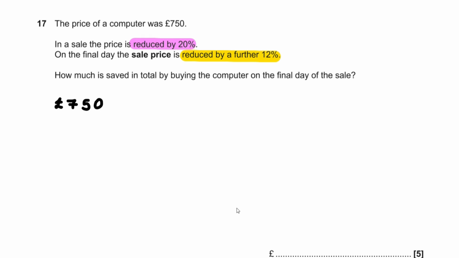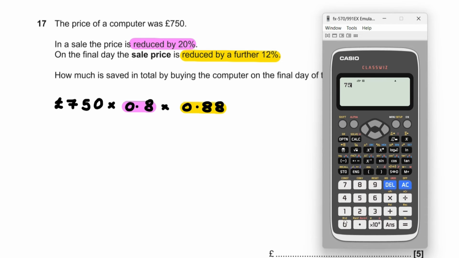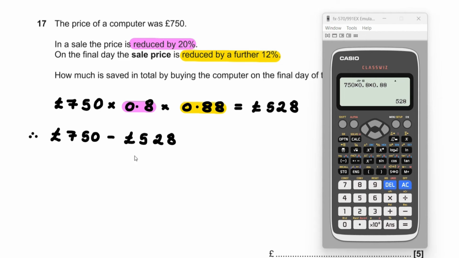We've got our original £750, and then if we reduce this by 20%, we multiply by 0.8, and if we reduce further by 12%, we multiply by 0.88. So if I work this out, that's equal to £528. So how much do we save? Well, that's 750 subtract 528, which is £222.